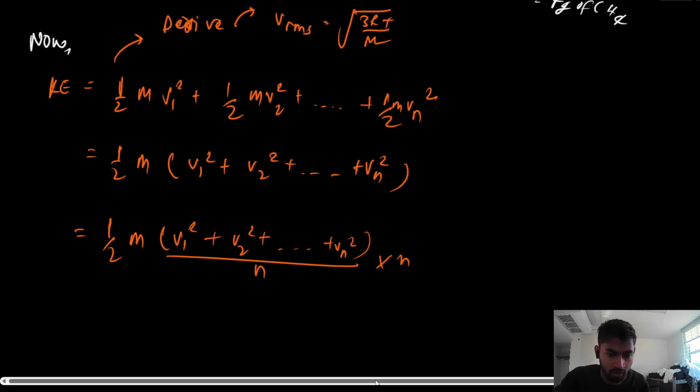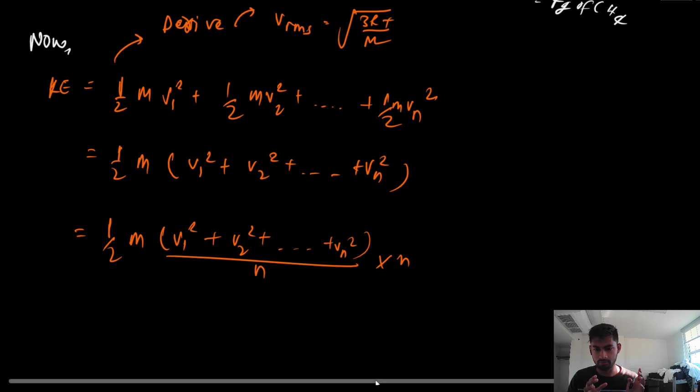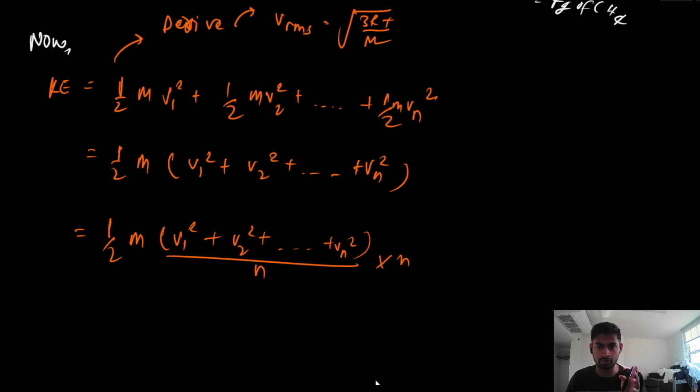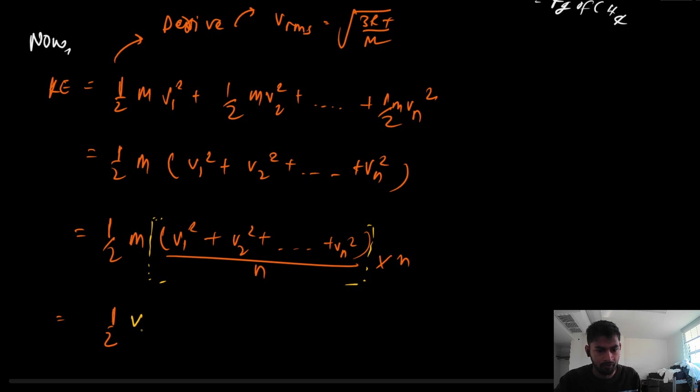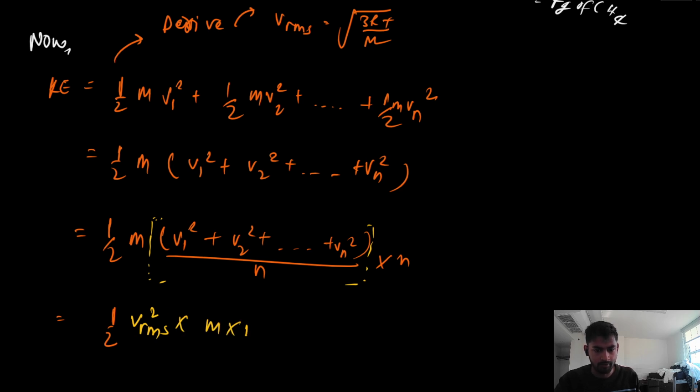Now I want you to focus and see how we are deriving back to the root mean squared velocity, because over here we're going to use some concepts from physical chemistry, or molar equations, where half this factor itself becomes V_RMS squared times m times n.